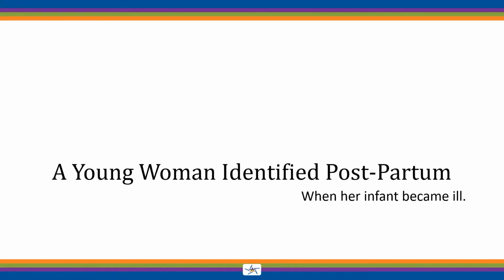Before I show you the x-ray, I just want to give you a little bit of background. This woman gave birth to her child via cesarean section, and she was delivered early because the child was found in utero to have abdominal ascites picked up on ultrasound.